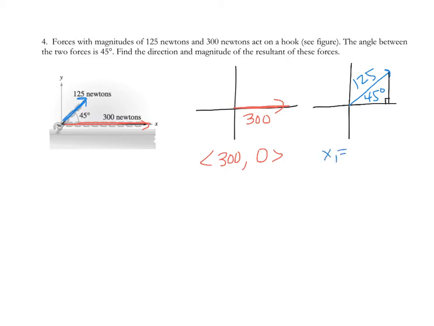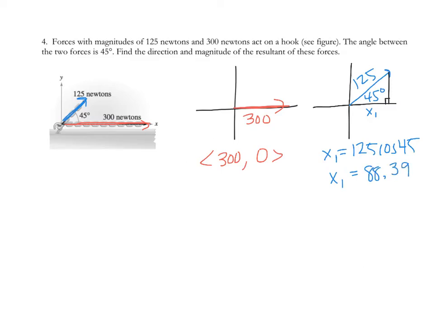We're going to find the x component using cosine, so it'll be 125 times the cosine of 45. And that gives me that the x component is 88.39.